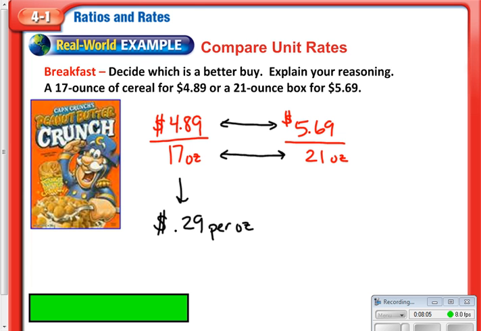Second box, 5.69 divided by 21, and this is approximately, after you round to 2 decimal points, 27 cents per ounce.